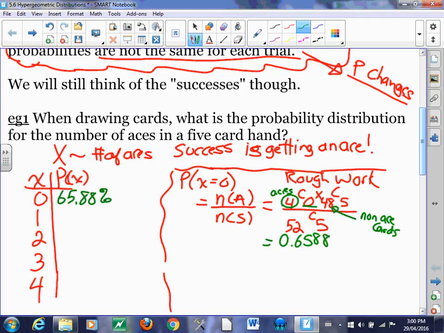65.88%. Okay. Let's take a look at the probability when x equals 1. Okay, so if x equals 1, that means out of 4 cards, we're going to choose 1 of them, times the non-ace cards. If we have 1 ace, that means we have 4 non-ace cards.